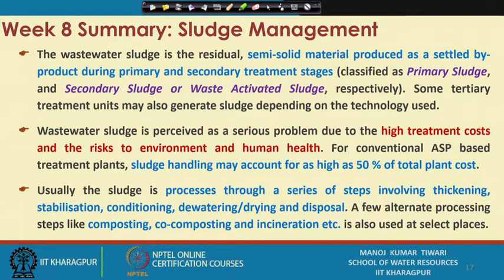The amount of sludge which is being wasted or generated in the secondary settling is called secondary sludge, or we also call it waste activated sludge, because that is the sludge being wasted from an activated sludge process. So, that way we generate these different categories of sludge. Some tertiary treatment units may also generate a little sludge depending on the technology used.